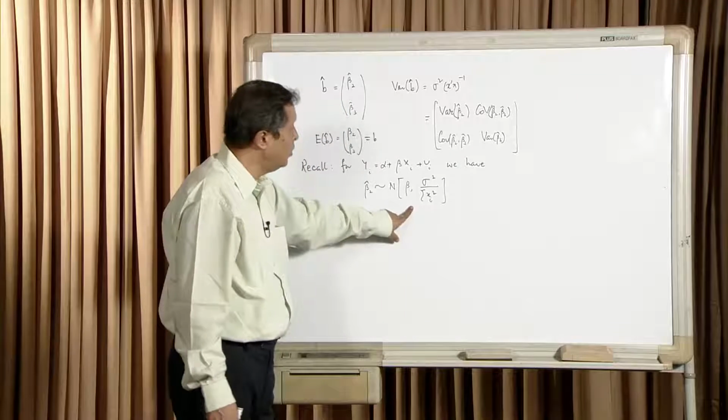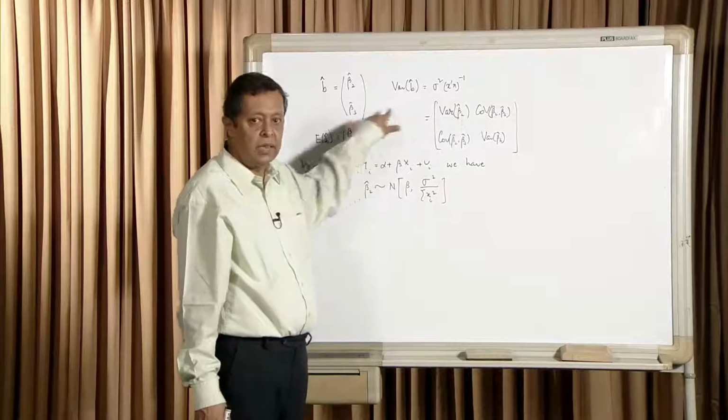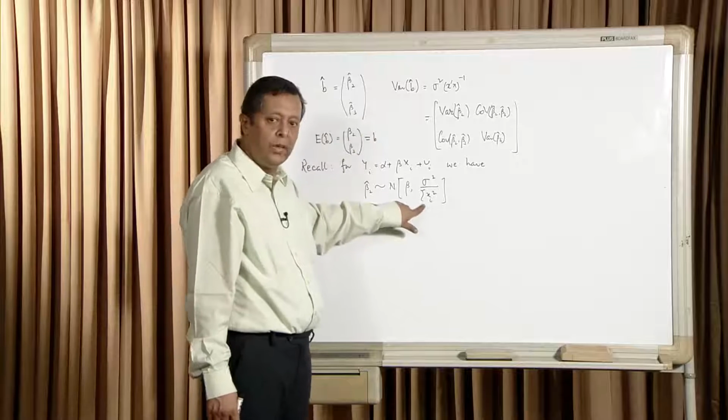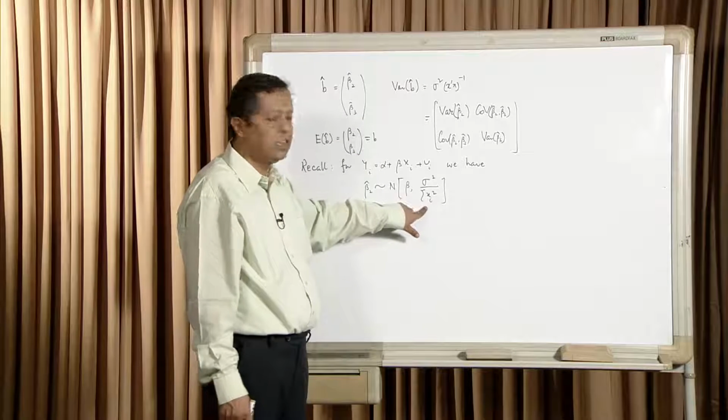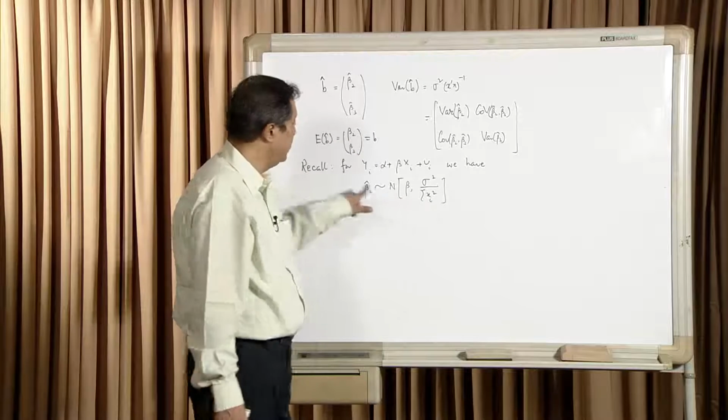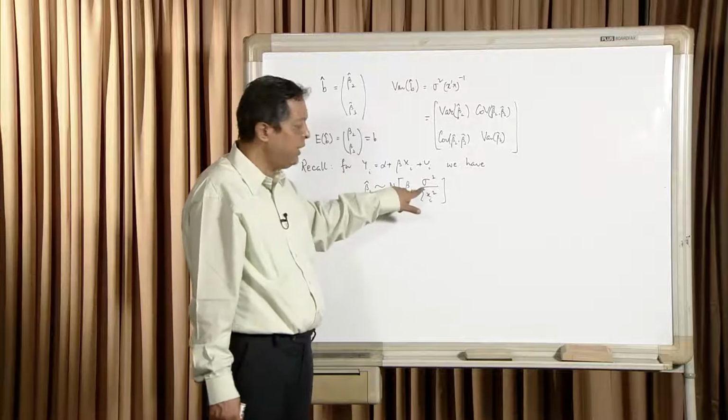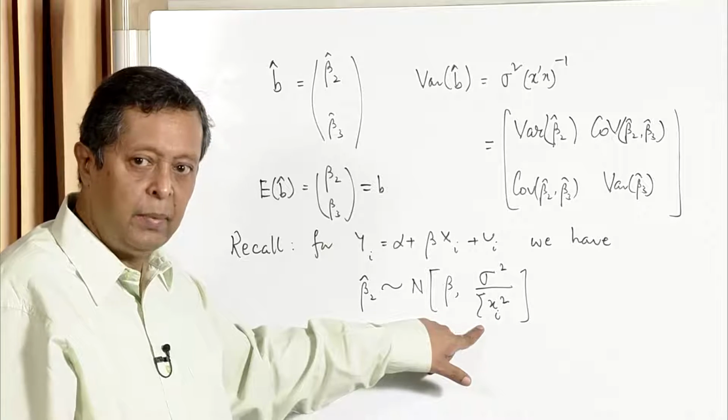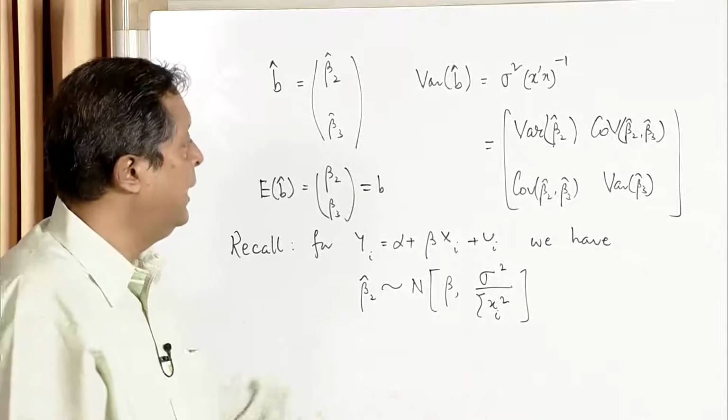We will see how the variance of beta 2 hat in the three variable model is going to be a modification of this expression for variance. In the two variable model, what is the format? Sigma square divided by summation xi square.